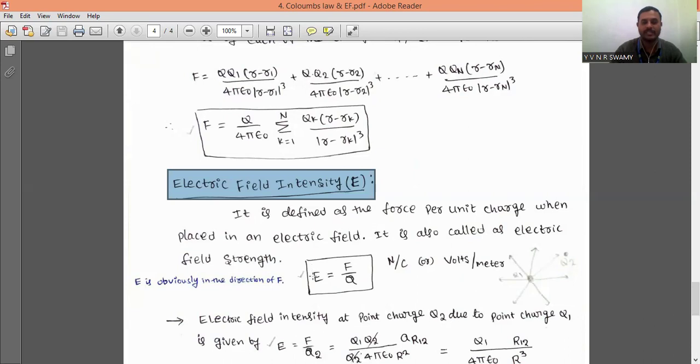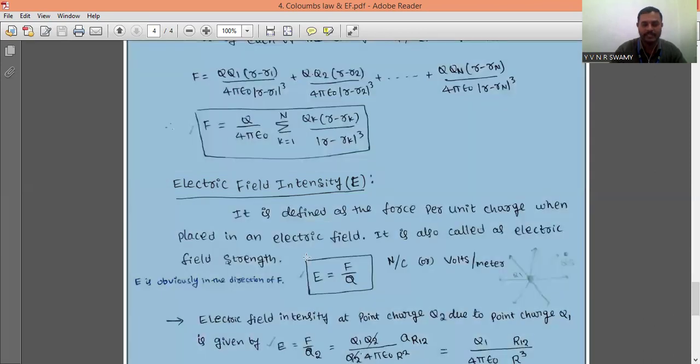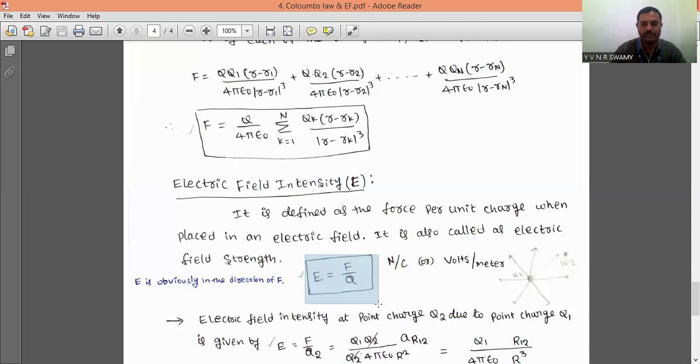So we can define electric field intensity E equal to force per unit charge, E = F/Q. We know that the unit of force is newton and the unit of charge is coulomb. Then the unit of electric field intensity is newtons per coulomb or volts per meter.